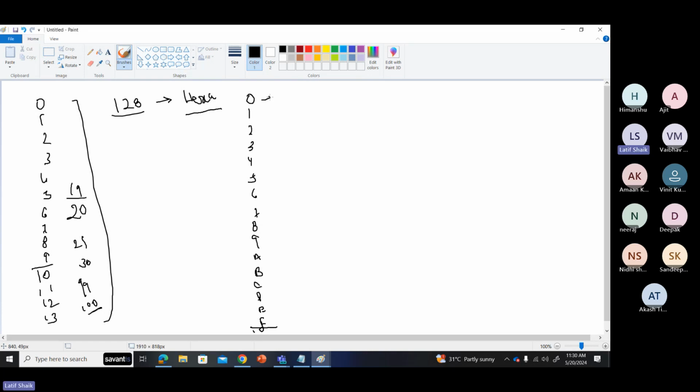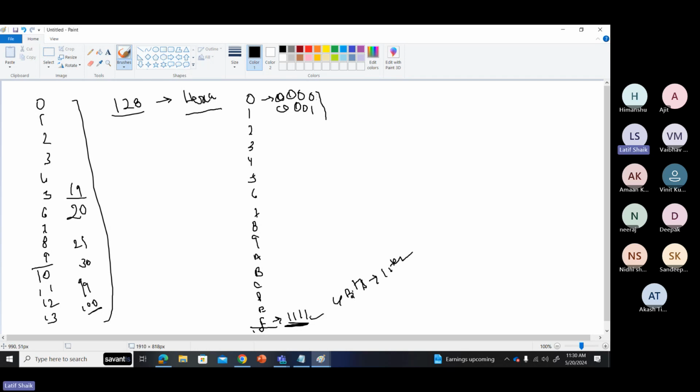The binary representation of 0 is 0, 0, 0, 0, even a single 0 is okay. 0, 0, 0, 1. Now I go to F. The binary representation of F is 4 ones. So 4 bits are needed to represent one hexadecimal.